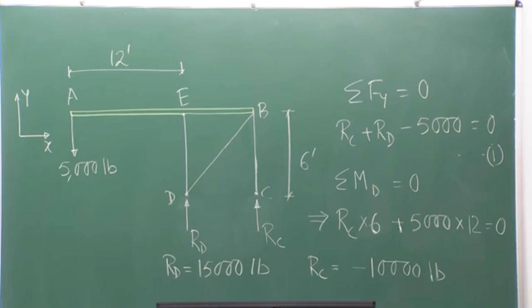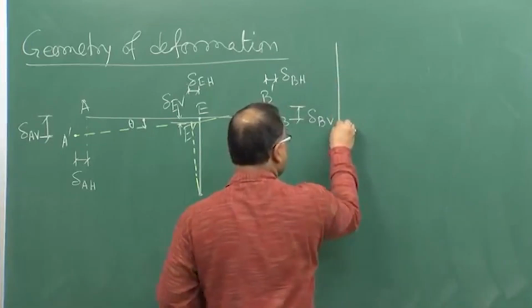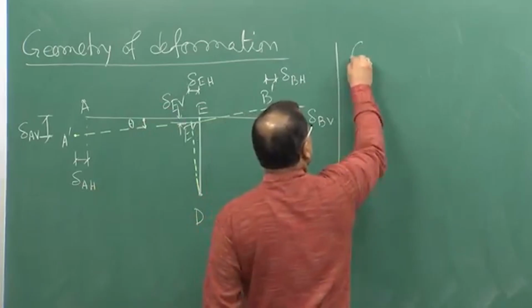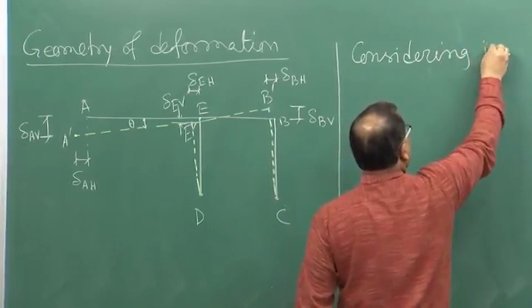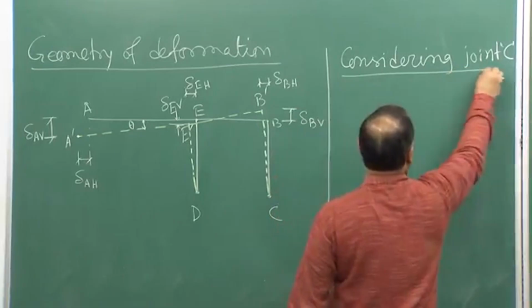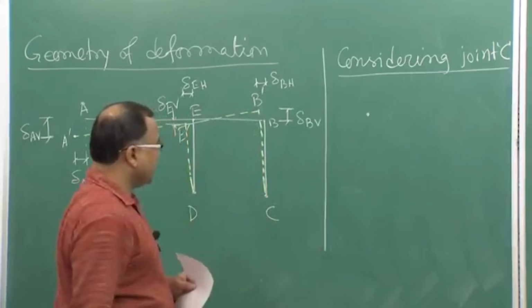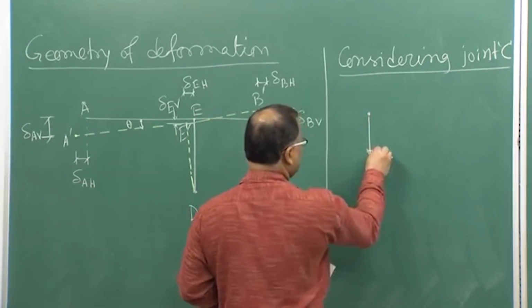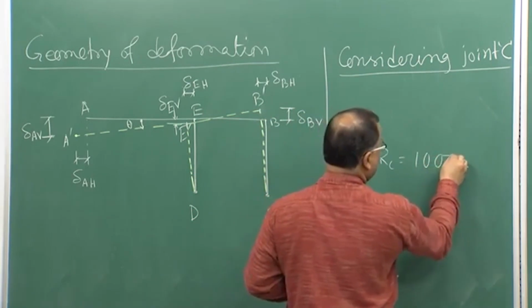I will keep this figure because I need it. Now, considering joint C, RC is acting vertically downward, equal to 10,000 pound.